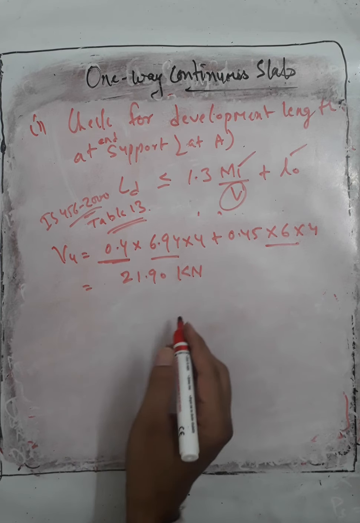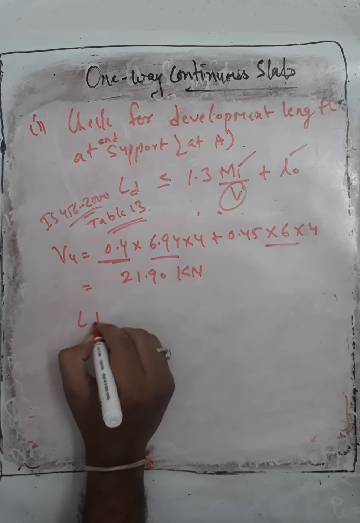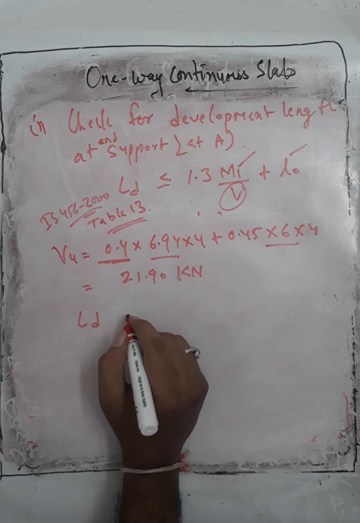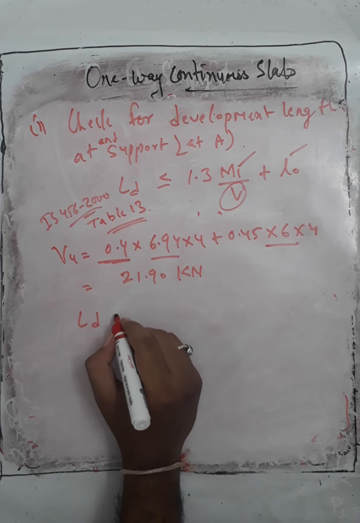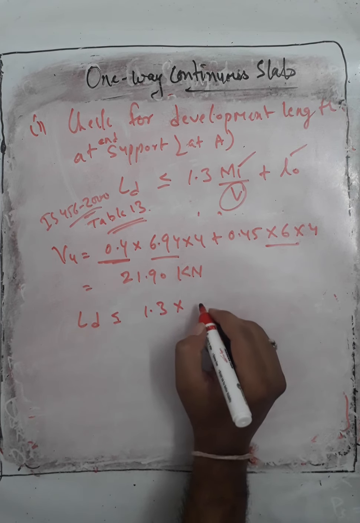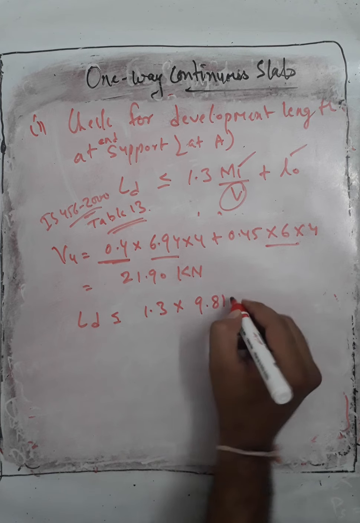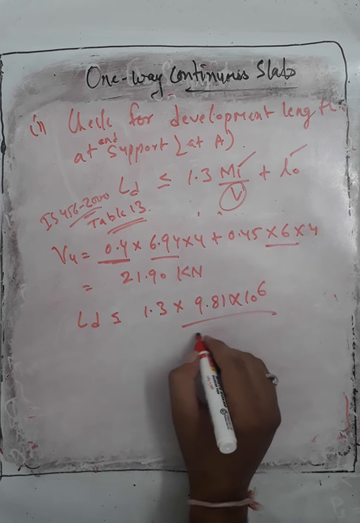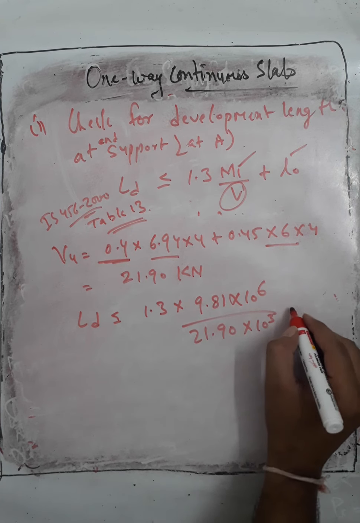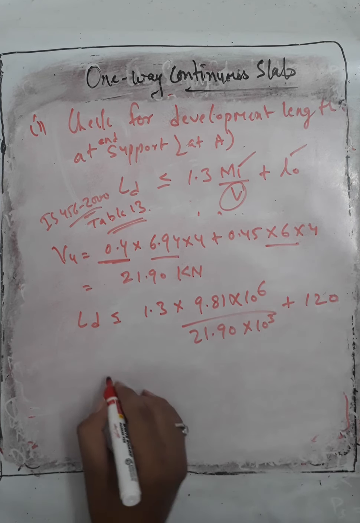Now put these values in the equation. So LD is less than or equal to 1.3 into M1, 9.81 into 10 raised to the power 6, upon VU, 21.90 into 10 raised to the power 3, plus 120.